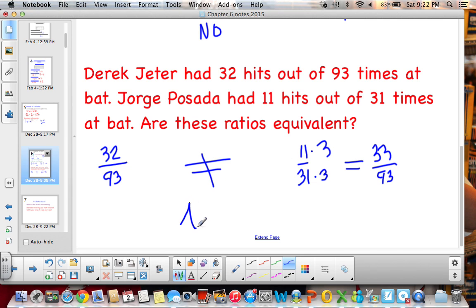So they are not equivalent. If you took 32 and divided it by 93, you would get 0.34. And if you took 11 and divided it by 31, you would get 0.35. So they are just a tad different.